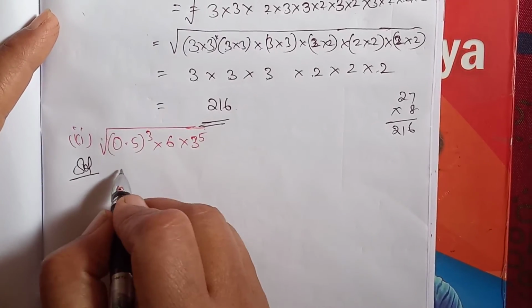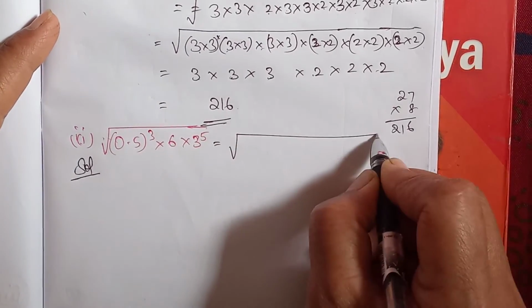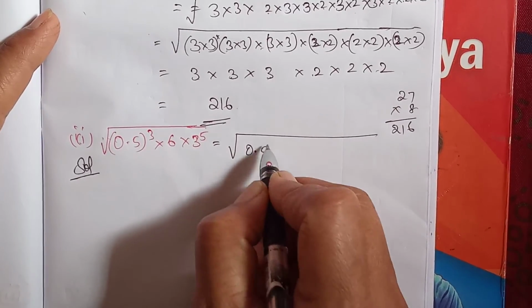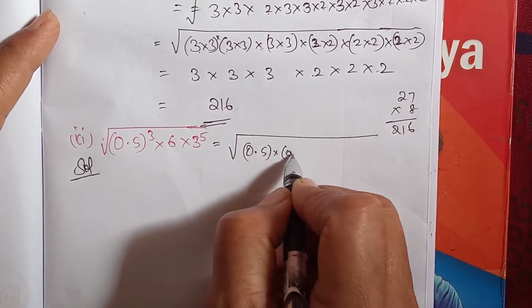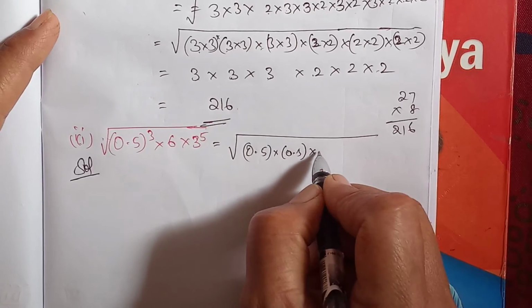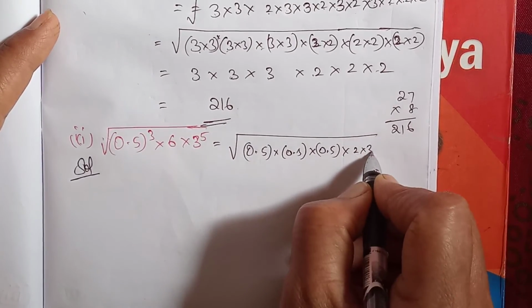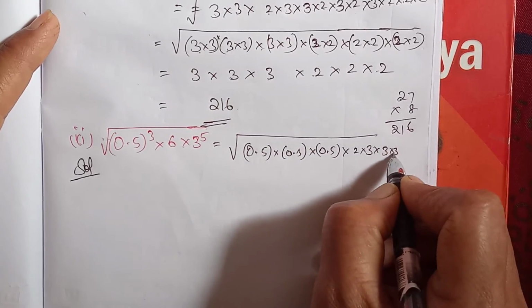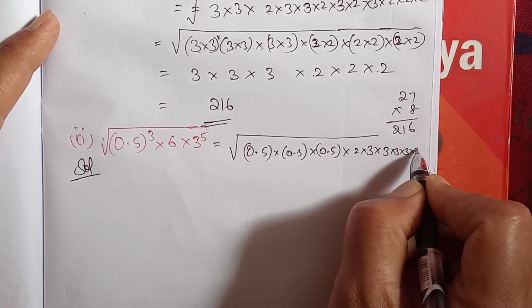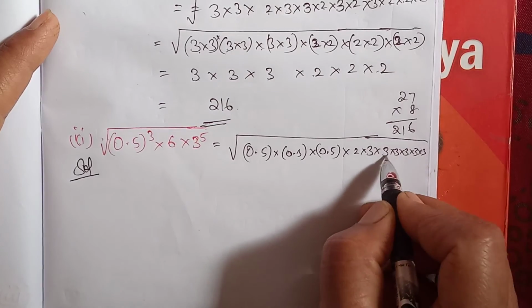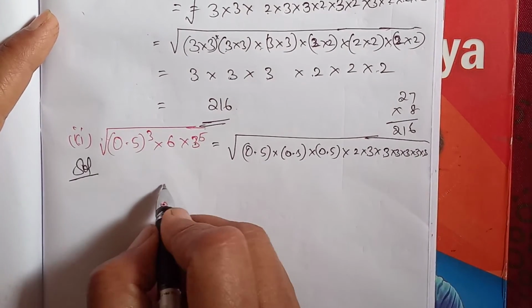So here also, first we will expand 0.5 into 0.5 into 0.5 into 2 into 3, 3 5 times. 1 2 3 4 5, 3 to the power 5.